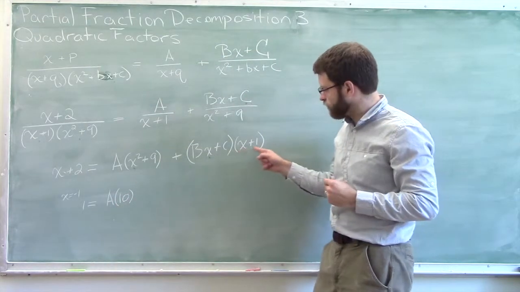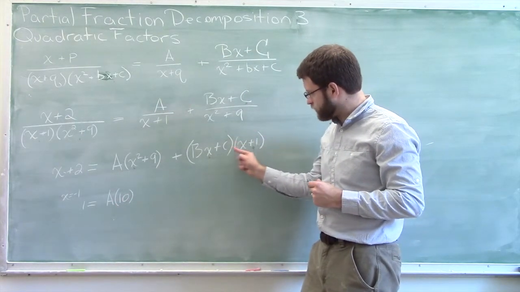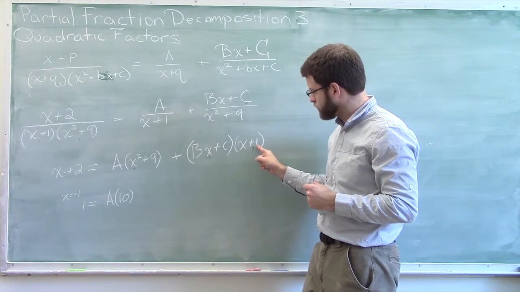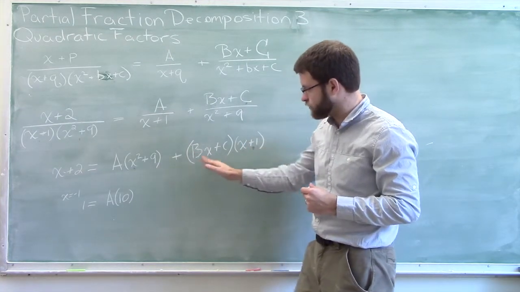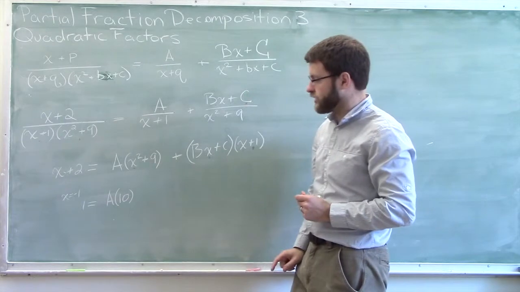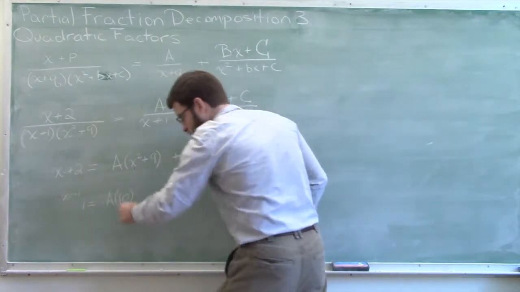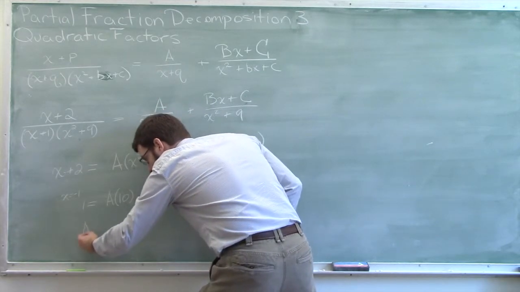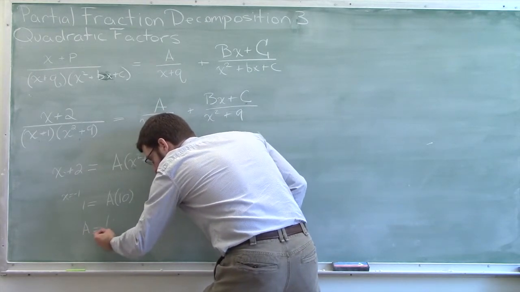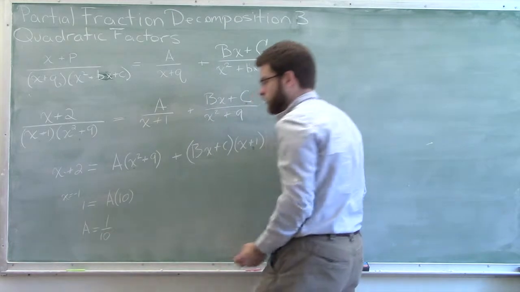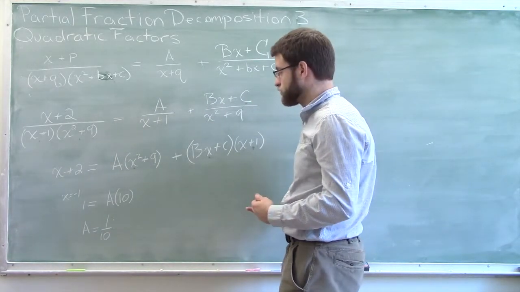And x equals -1 sets this factor equal to 0. -1 plus 1 is 0. So all of this stuff drops out when we try x equals -1. So that first piece of information tells us, if we divide both sides by 10, the value of a. A is 1/10. Okay, so that's a little bit of progress towards the solution.